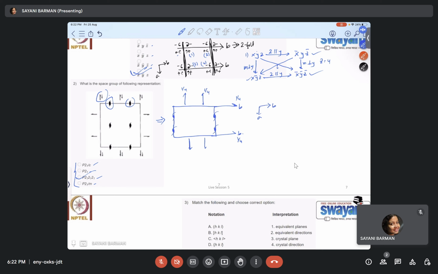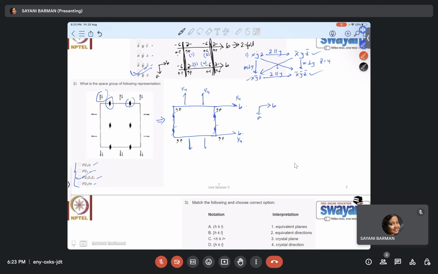Okay. So let me draw first the translation related objects. Now, since a 21 screw is applying along the b axis, see, this is P 21 21 21. So there are three 21 screws, and the three are respectively along the a, b, c axes. Let me take first the b axis. If it is here, then 21 screw means two-fold rotation.